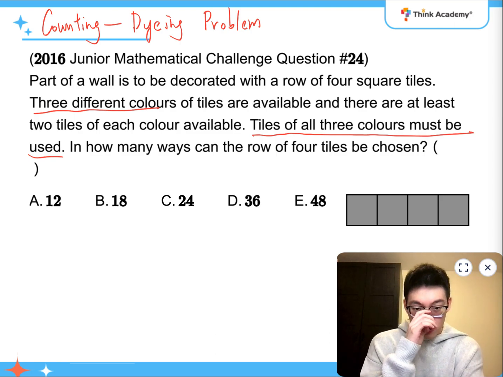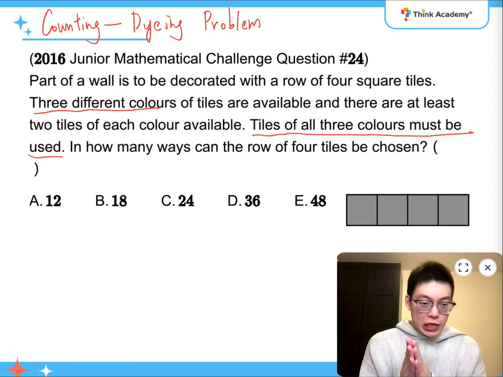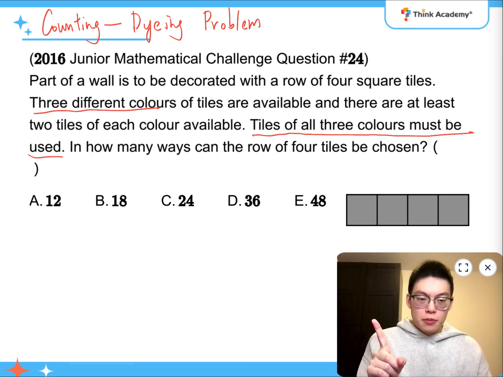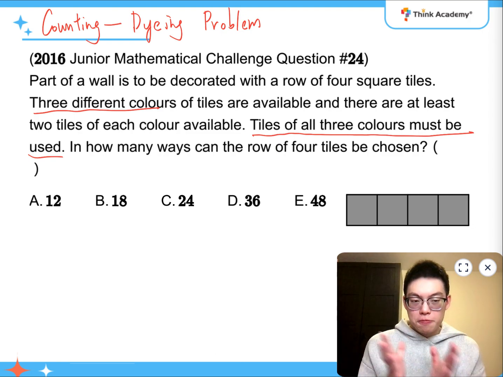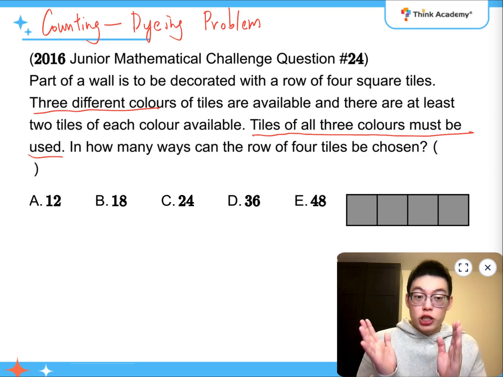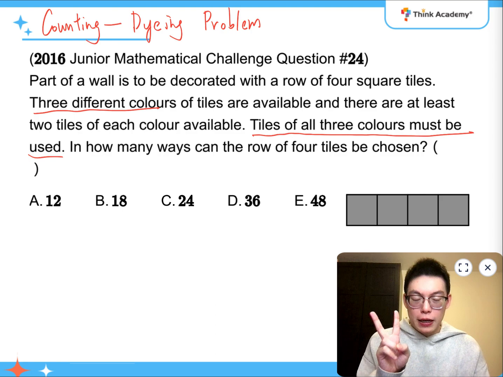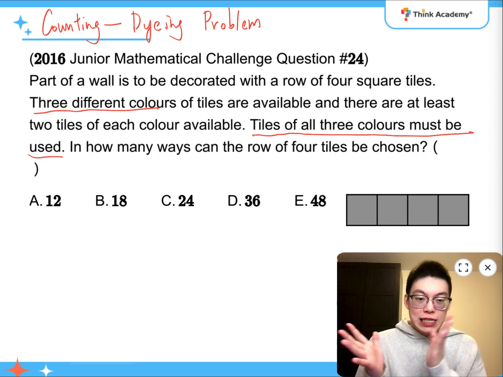So first of all, we can break this question down into 2 steps. Which is, the first step is to choose which 2 tiles are of the same color. I don't know what color it is right now, but I'm just choosing 2 tiles to have the same color. And then we know that for 3 different colors, there will be 3 different sets among these 4 tiles, right?